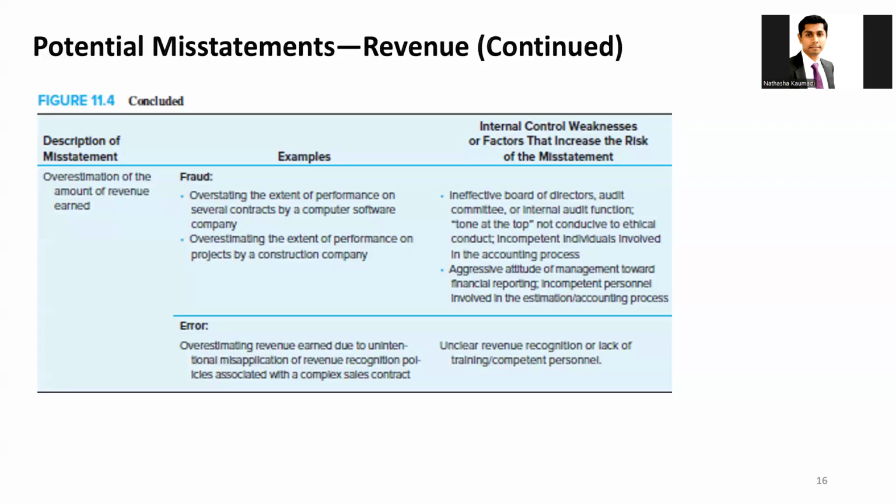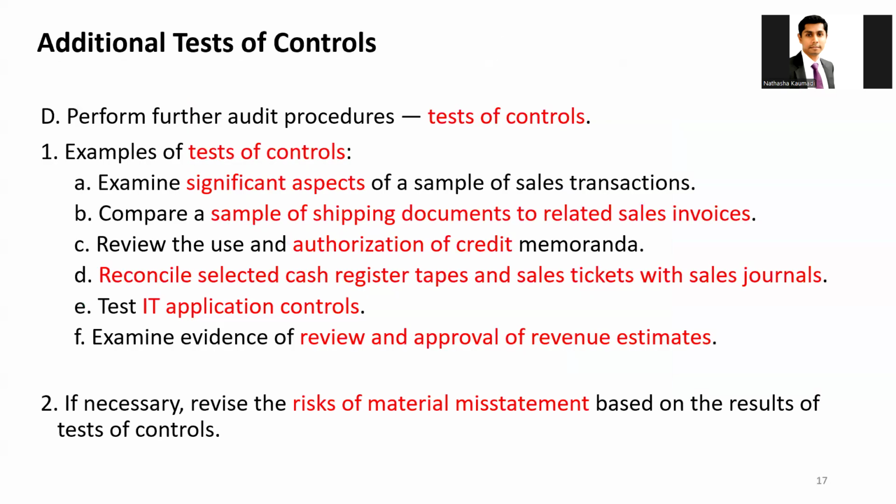So when there's a misstatement, when there is an issue, you need to understand whether this is a fraud or whether this is an error. If it is a fraud, what are the things to be conducted? If it is an error, what are the audit procedures to be done? Likewise, you need to understand whether the frauds and errors are there, and then additional test of controls you need to do.